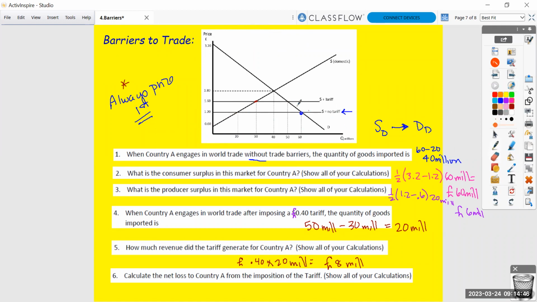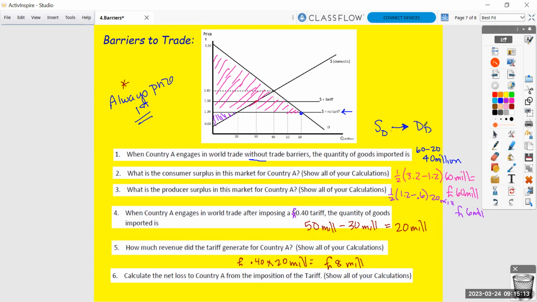So our consumer surplus was this pink area here. That was our original consumer surplus. And then our original producer surplus was here. Okay, so this is what we're thinking of as kind of the gain from trade, right? We're gonna have a bigger consumer surplus, maybe a smaller producer surplus.